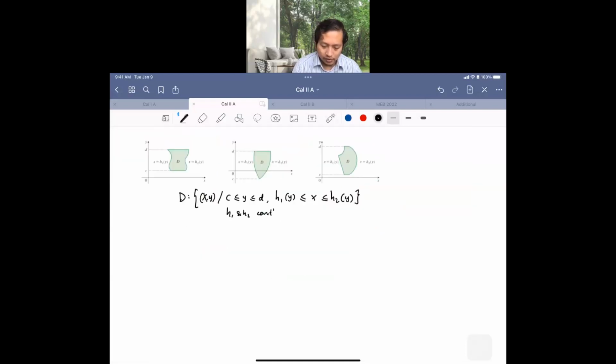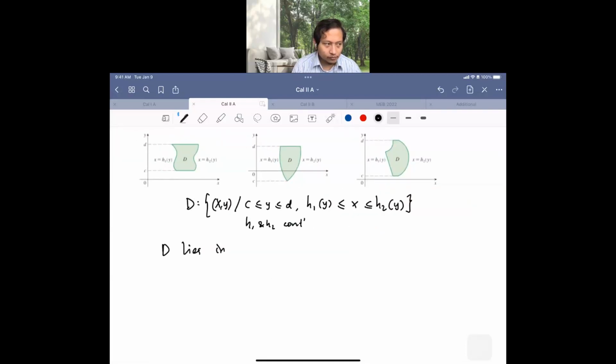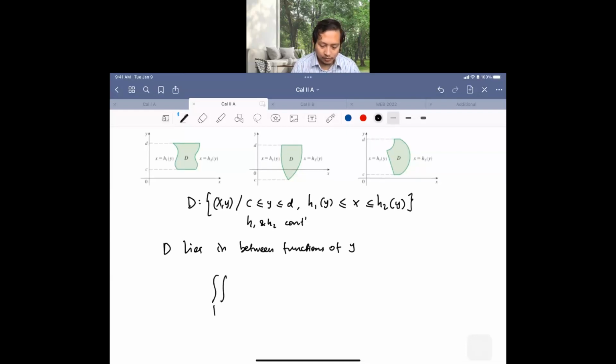This is D lies in between functions of y. And the integral we can write now as dx dy.